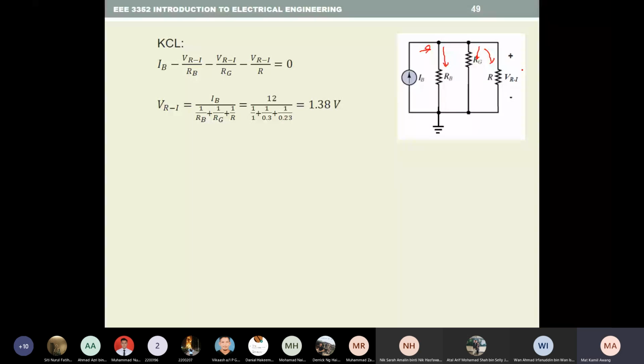So the voltage across here divided by RB, minus the voltage across RG divided by RG, minus the voltage VR across the resistor, equal to 0. So this is the KCL.